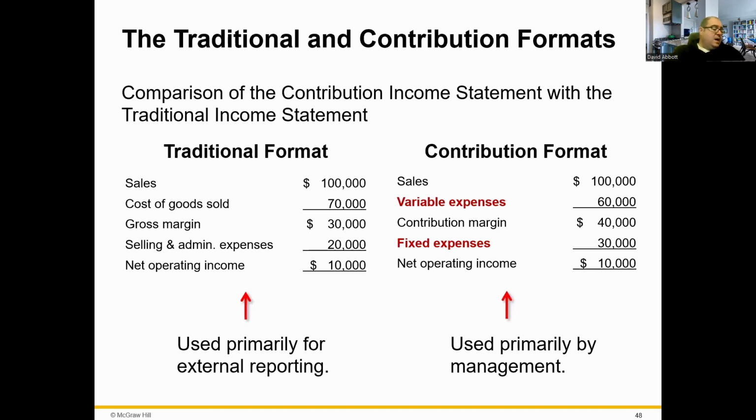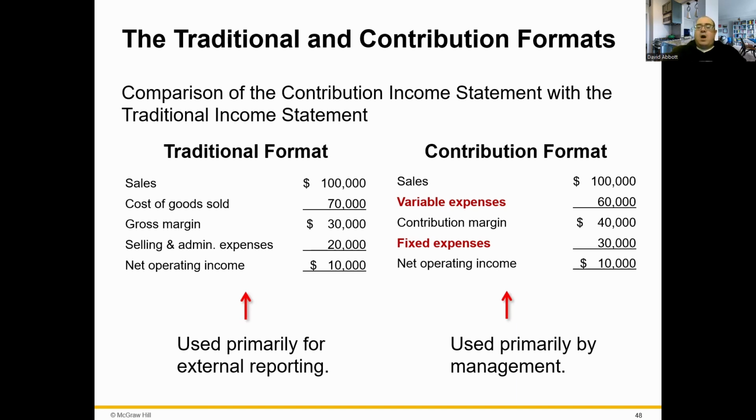Okay, so now looking at the different types of income statements. We have the traditional format, which is used primarily for external reporting. And we also have the contribution format, which would be used internally by management. We see here that they show pretty much the same information, in that the bottom line is the same.